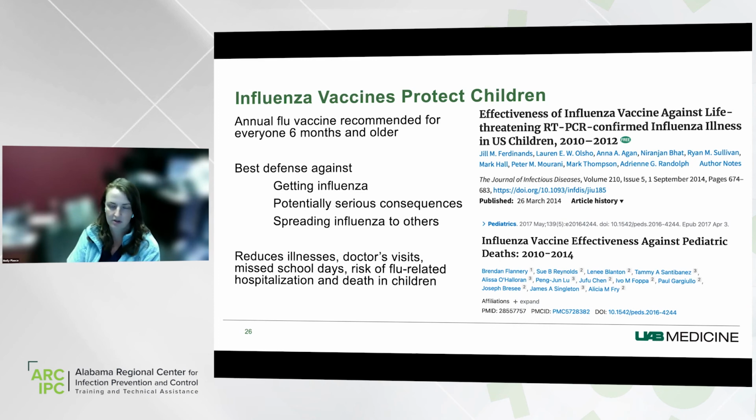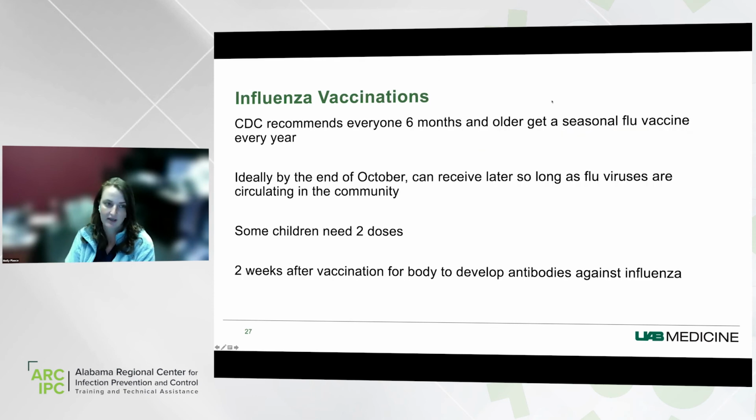But what we know through our data in the past is even if our vaccine does not perfectly match the circulating flu, there is enough cross-reactivity that it still provides some protection against having children and adults ending up in the hospital and dying. So the flu vaccine is extremely important.